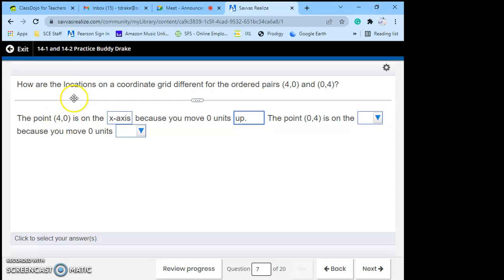On the y, we don't go up any, it's 0. The point 0, 4 is on the y-axis because we go 0 across; on the x we don't move.